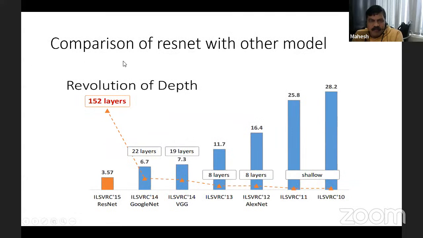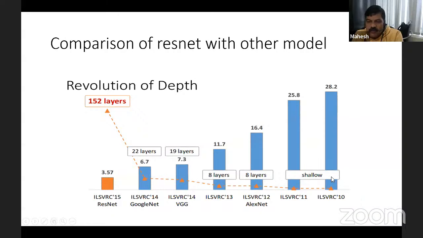So there was one competition started from 2010, and this started because of the ImageNet database. ILSVRC stands for ImageNet Large Scale Visual Recognition Challenge.